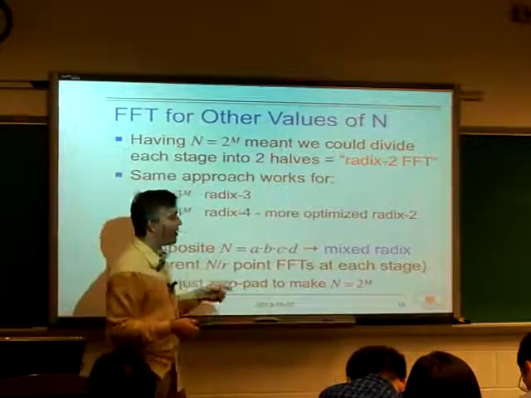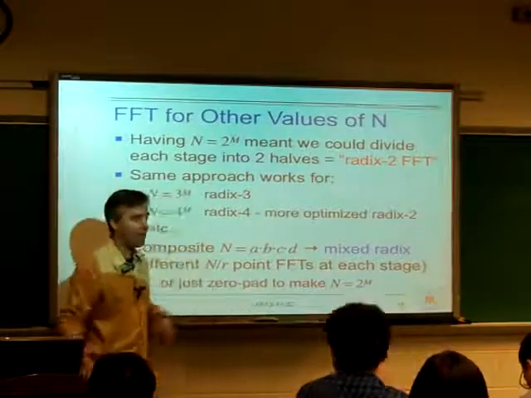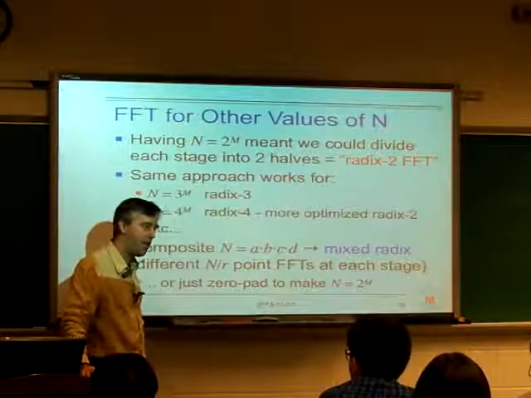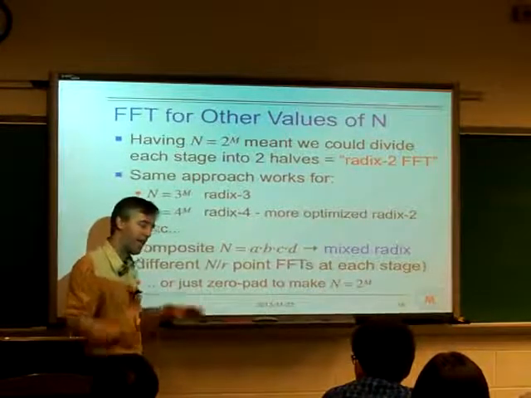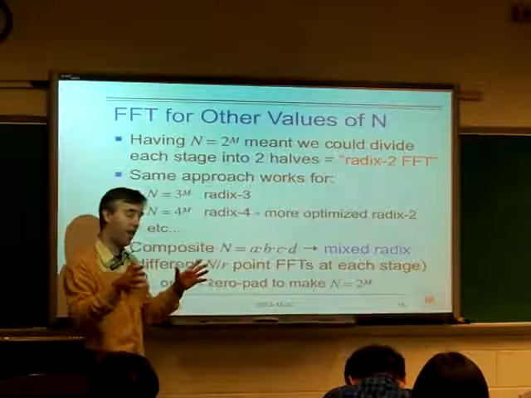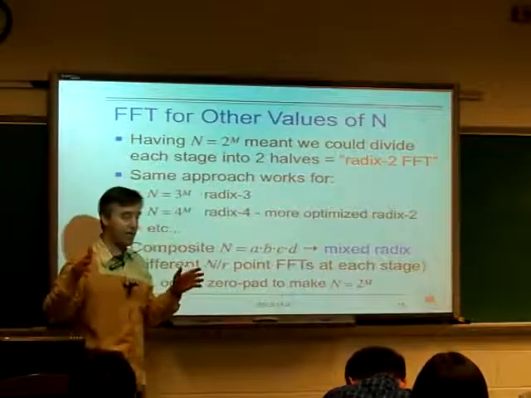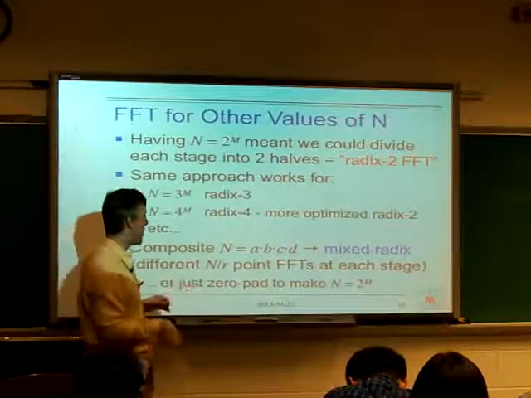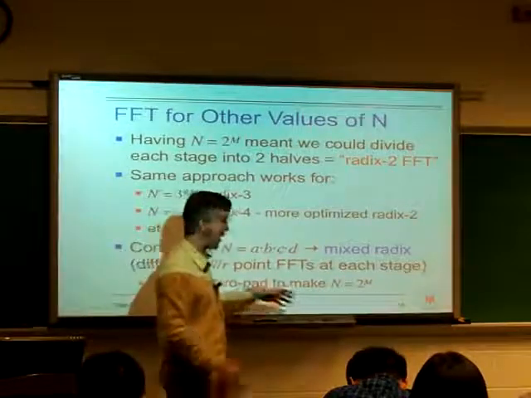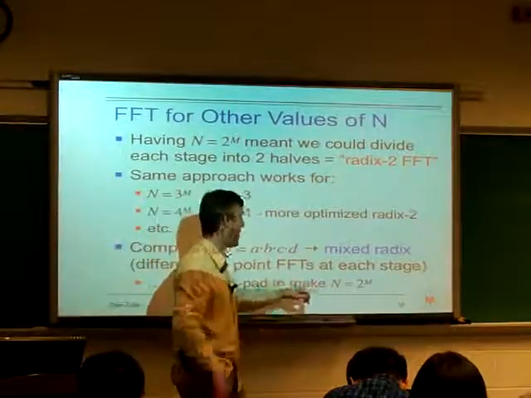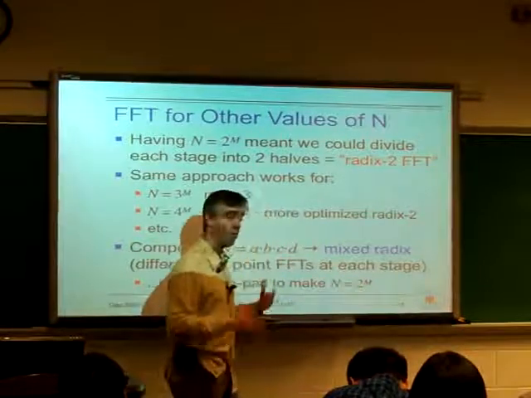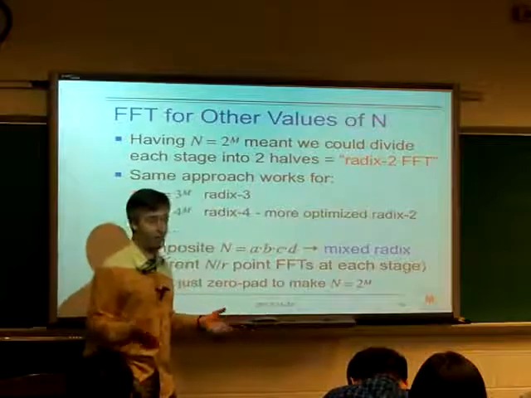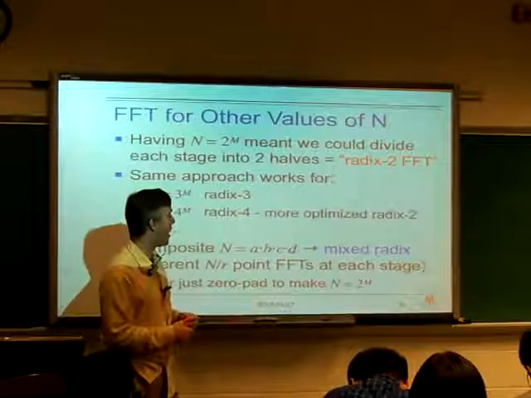Of course, sometimes you have a sequence which happens to be some arbitrary number of points long, and you may not be worried about getting exactly the DFT. It may be that if you have a DFT which samples your DTFT more finely, you'd be okay with that. So it's very common to just take some arbitrary length sequence and pad it out to the nearest enclosing power of 2, and then just do the radix 2 FFT on that length.